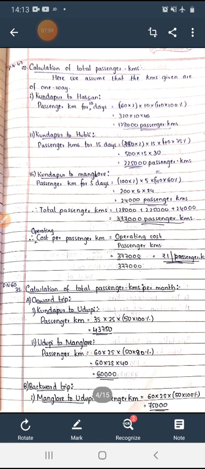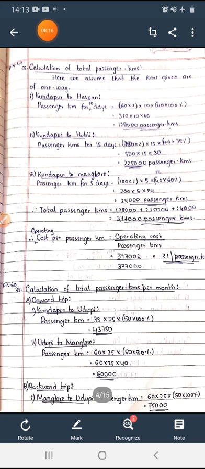Operating cost is given in the problem, 3,77,000, divided by passenger kilometers just calculated, also 3,77,000. So the cost per passenger kilometer is rupees 1.